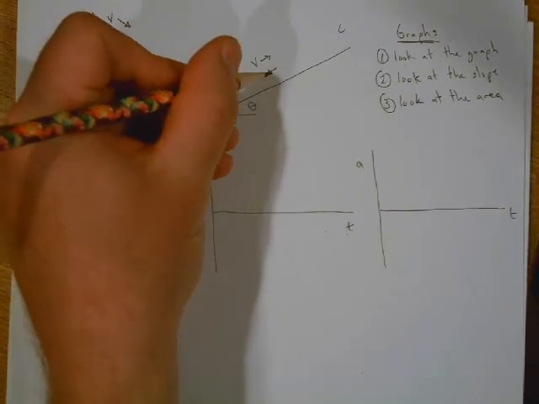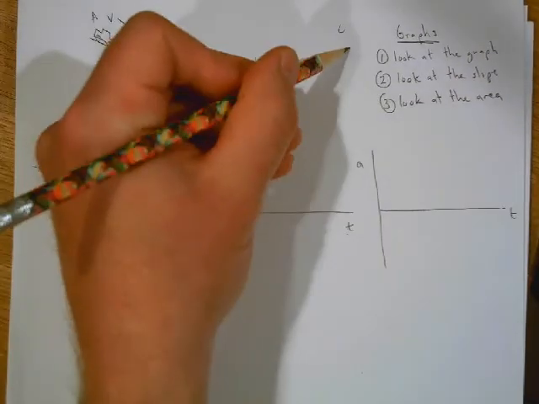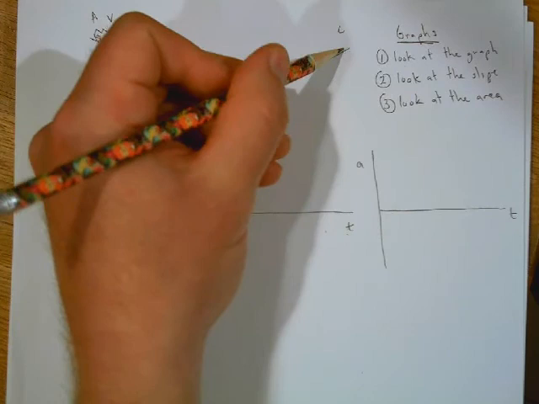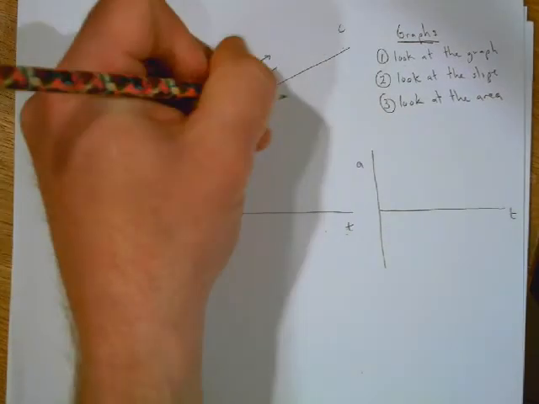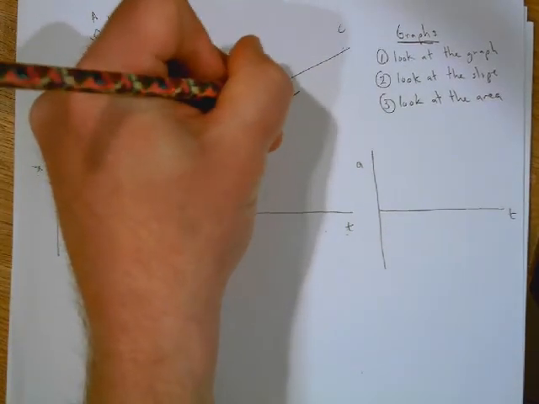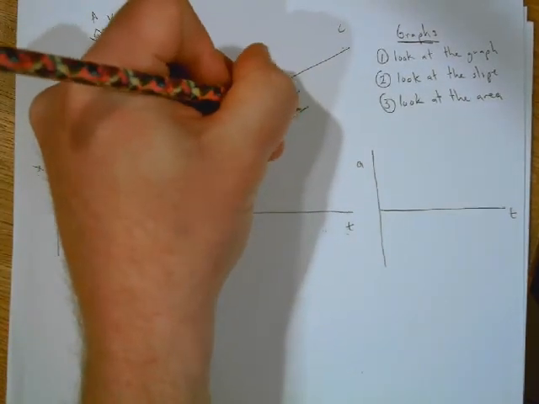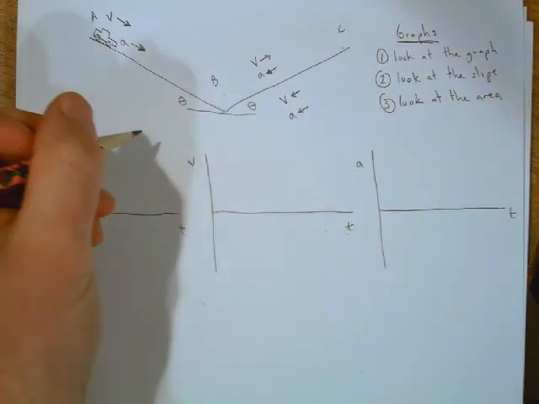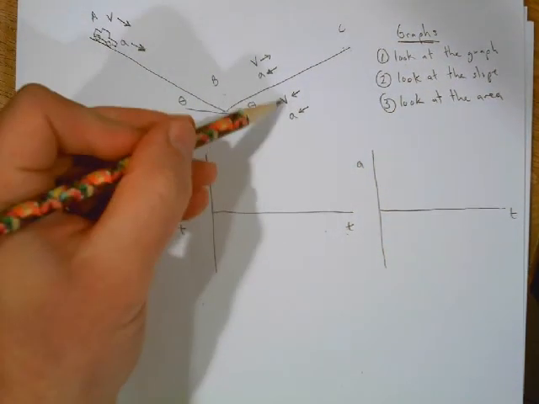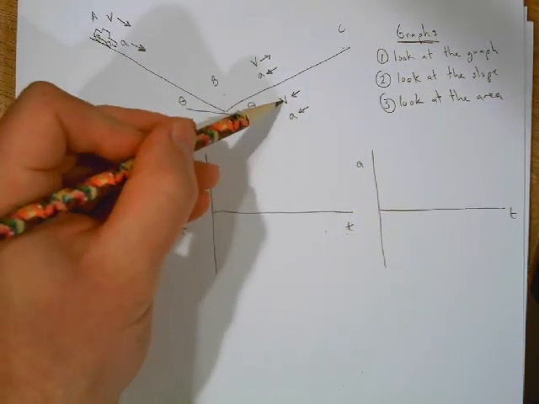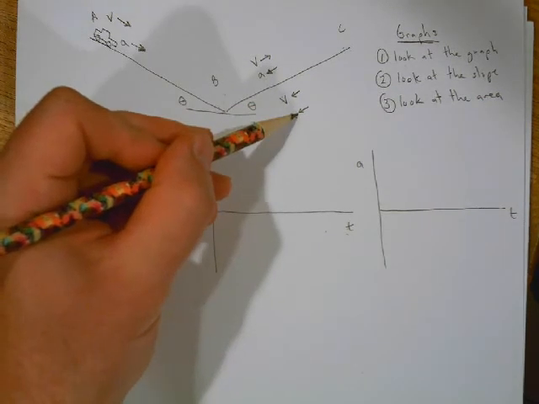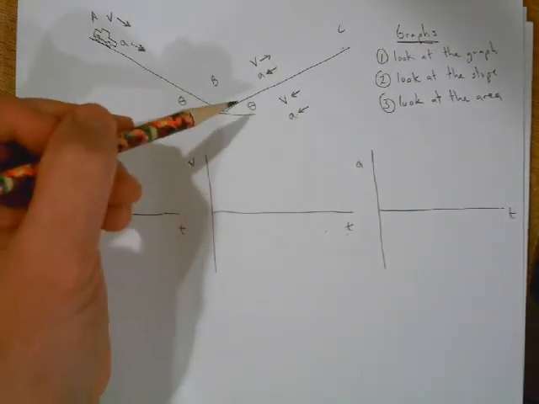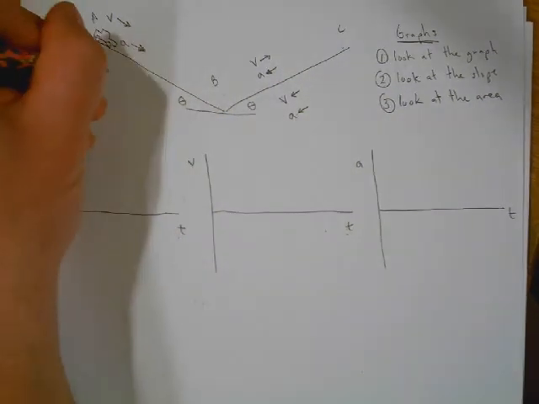But look, if I'm moving this way and accelerating this way, what am I going to do? Well, I'm going to slow down, and eventually I'll stop, and then on the way back down, my velocity would move this way, and I would also accelerate that way because, draw your FBD and it's going to be the same. Well, now I'm moving the opposite way, but I'm accelerating the same way. I'd speed up. Oh, well, that makes sense.